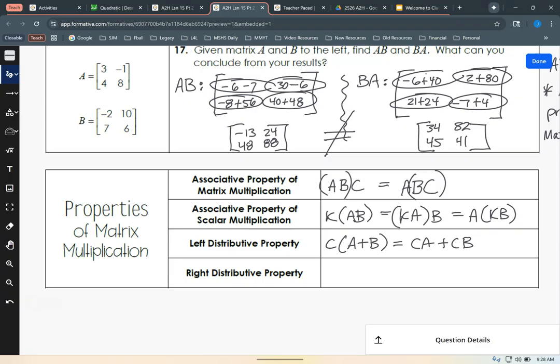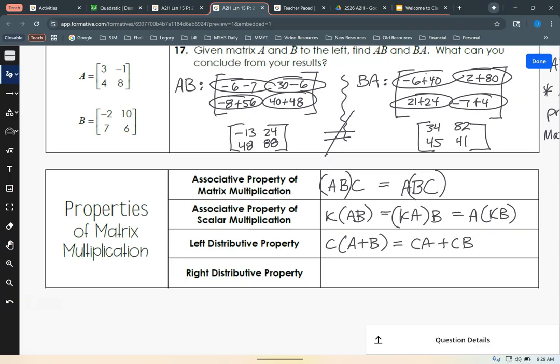So we could have a matrix and then two other matrices being added together, and we could distribute the C matrix to both of those, especially if we couldn't add A and B together because they didn't have the same dimensions. We could still do matrix multiplication with left distribution.